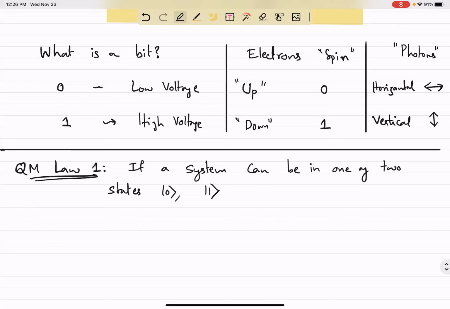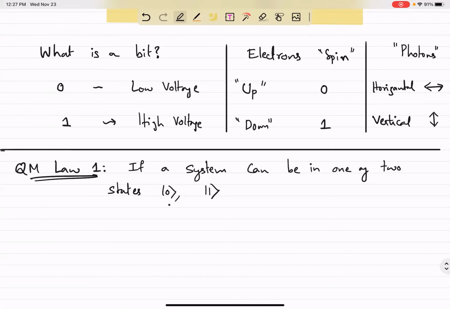This is called a ket. I will talk about the notation later on. It's very helpful for making many of the calculations easier. There's no reason to do it besides making our calculations and notation much nicer and clearer. There's no other magic.